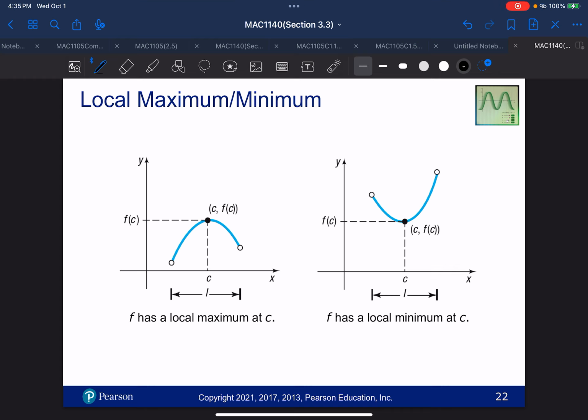Okay. So the next thing we're going to talk about with functions is the local maximum and local minimum values. So if we look at this picture, the picture on the left is an example of a local maximum.